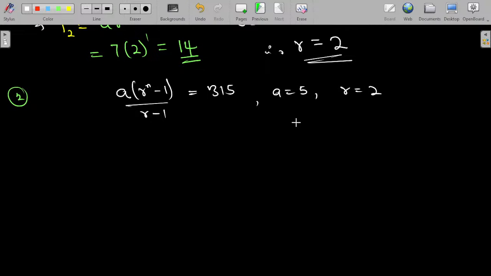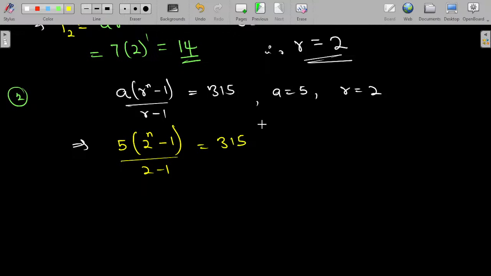So it says we should find the number of terms and the last term. Okay, so from here, to get the number of terms means we should look for N. So we can substitute our A is 5 into R, which is 2 to the power of N minus 1 all over 2 minus 1 is equal to 315.